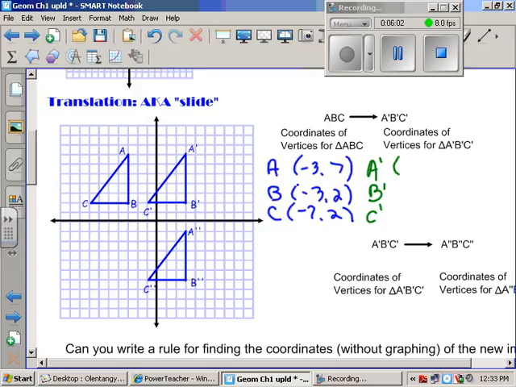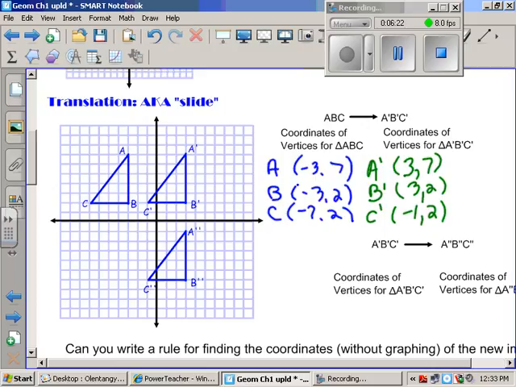A prime is (3, 7), (3, 2), and (-1, 2). Okay.